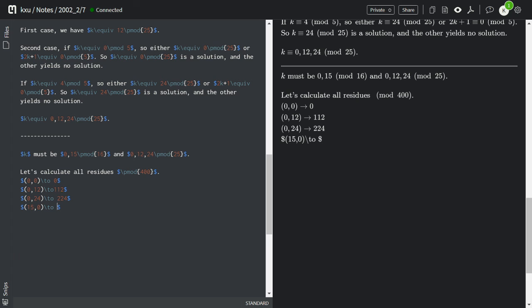So 15, 0 gives you, though it is tedious, must be a multiple of 5, so 95, 175. 15, 12 gives you, this is pretty hard, huh? I don't really like doing this stuff.